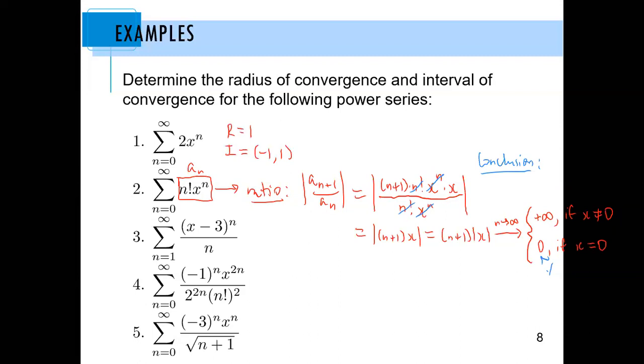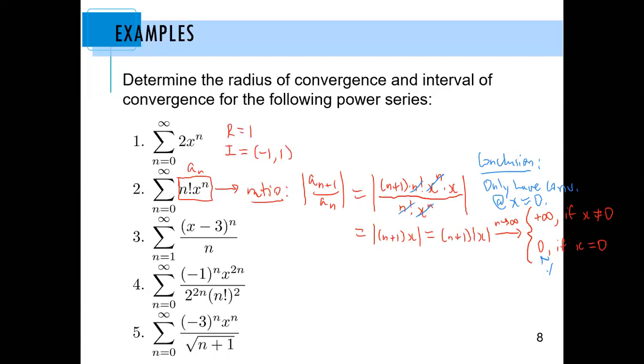So we only have convergence at x equal to 0. You say the radius of convergence is 0. There's no room around the center at all. We only have convergence at the center in this particular case.